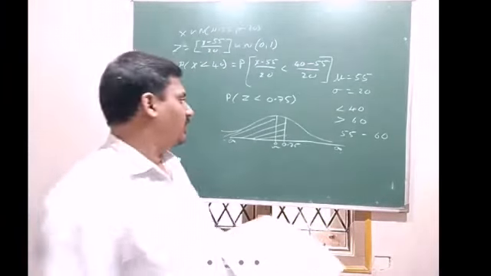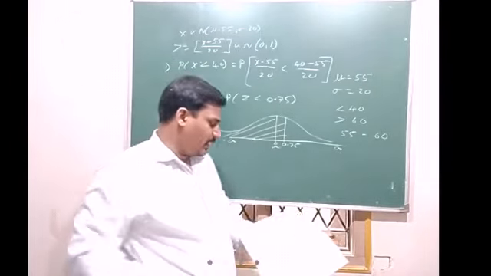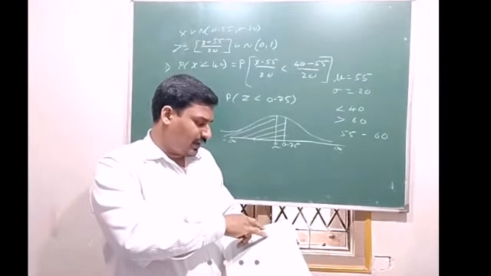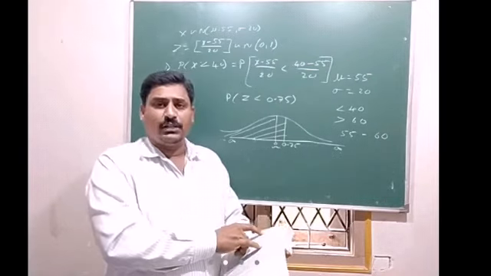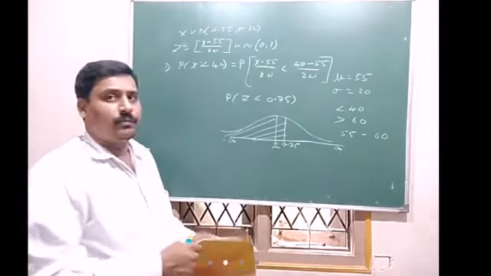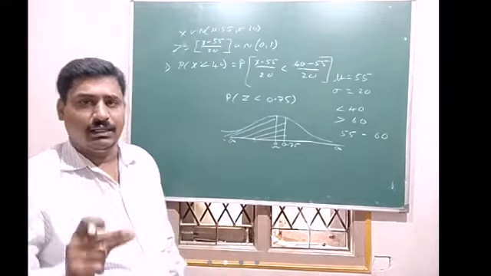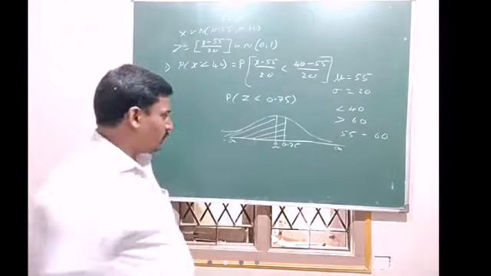So our value is now 0.75. For 0.75, the table value is 0.2266. But we have to write a little here. Directly we cannot write.